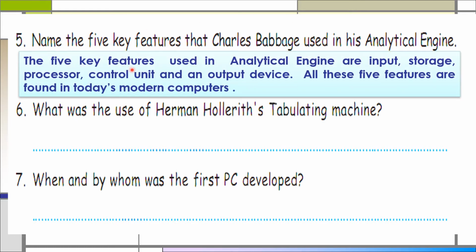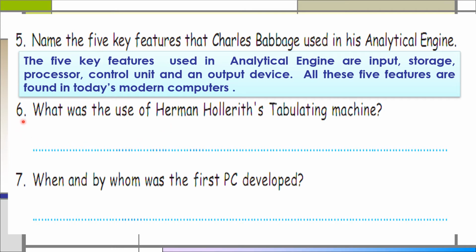The 5 key features used in analytical engine are input, storage, processor, control unit, and an output device. All these 5 features are found in today's modern computers.